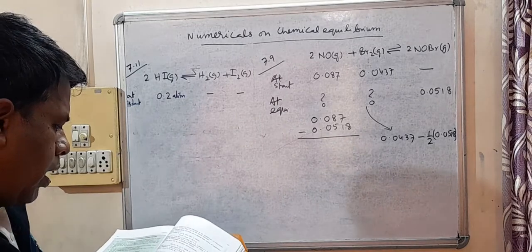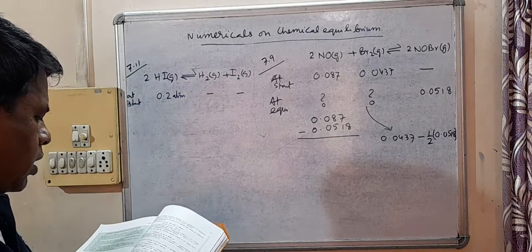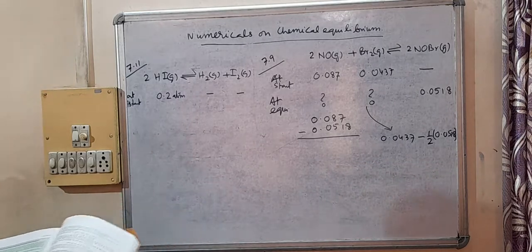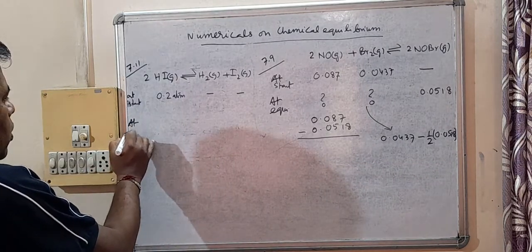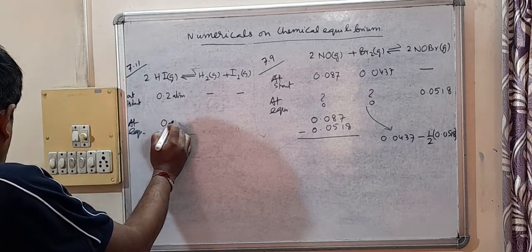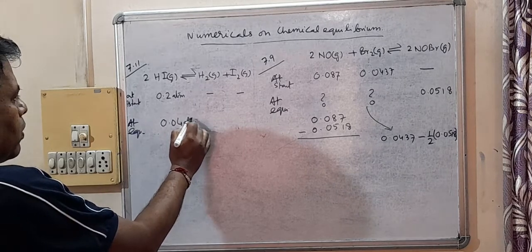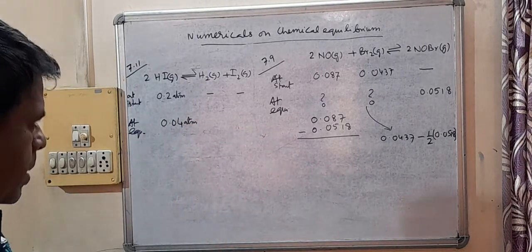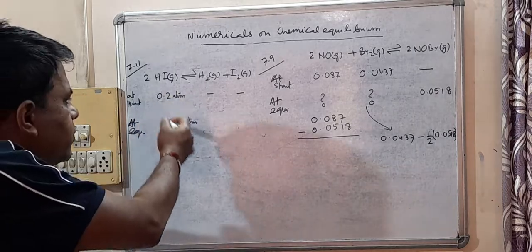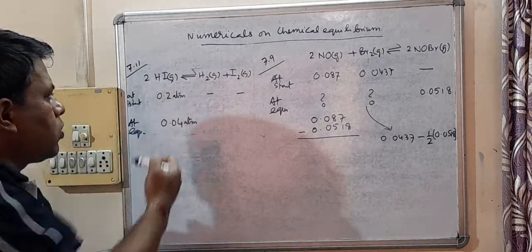Then they are saying that at equilibrium the partial pressure of HI is 0.04 atmosphere. So you see it has reduced because some amount of HI has reacted, so its pressure is going to decrease.